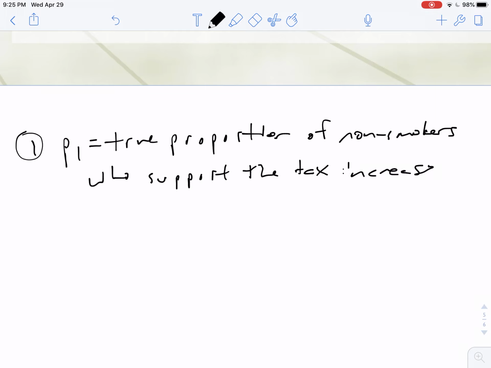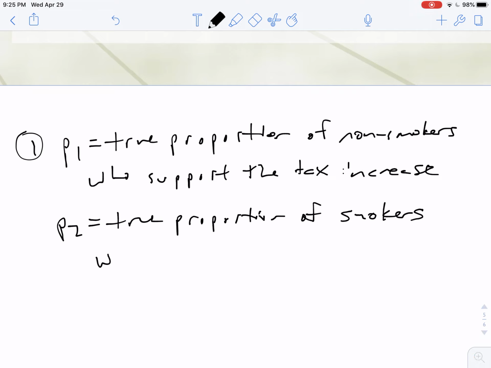Okay, and then P2, as my second parameter that I'm interested in, is going to be the true proportion of smokers who support the tax increase.